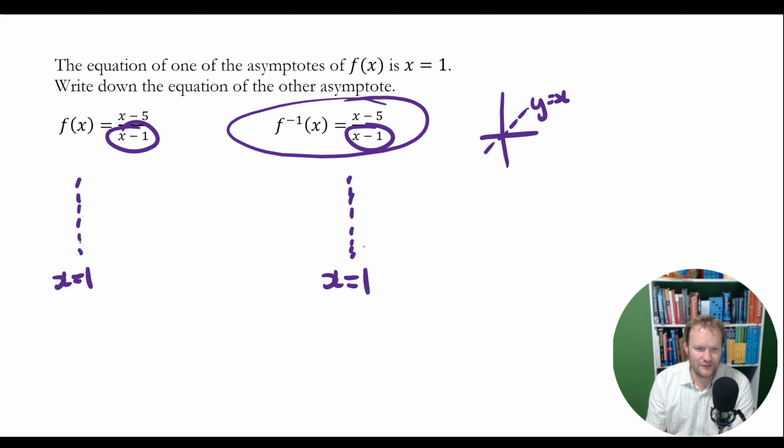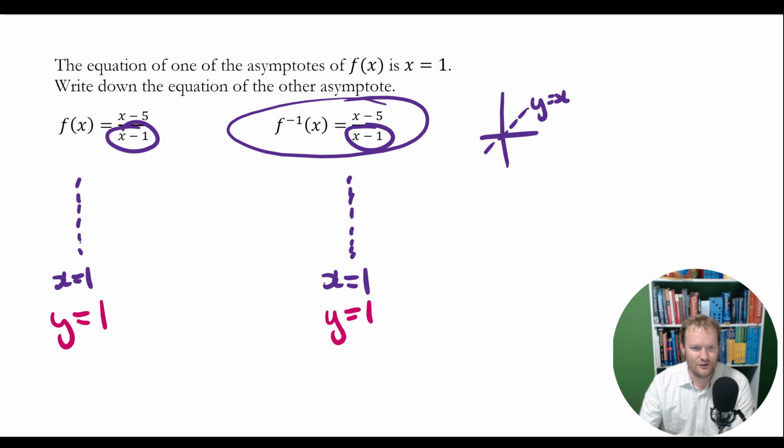So if the inverse has an asymptote at x equals 1, then the original must have had an asymptote at y equals 1, right? They match. And of course, the same is true to go the other way: if the original function has an asymptote at x equals 1, it means that the inverse has an asymptote at y equals 1.